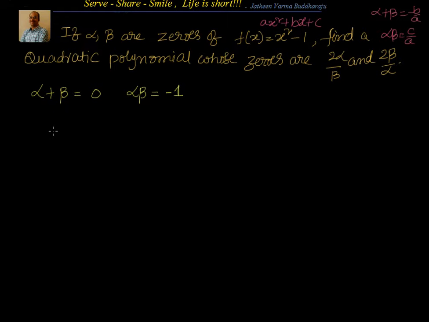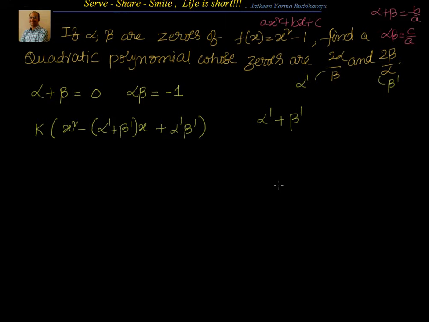The equation we are looking at is of the form k into x square minus, let us say this is alpha dash and beta dash, alpha dash plus beta dash into x plus alpha dash into beta dash. Now we have to find out the value of alpha dash plus beta dash and the value of alpha dash into beta dash. If we are able to find out, then we are done.